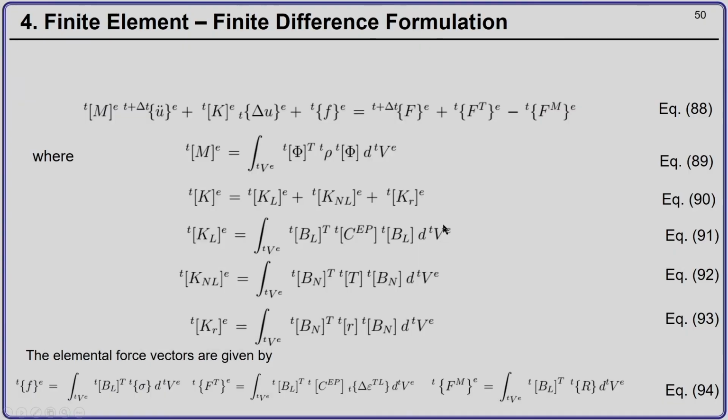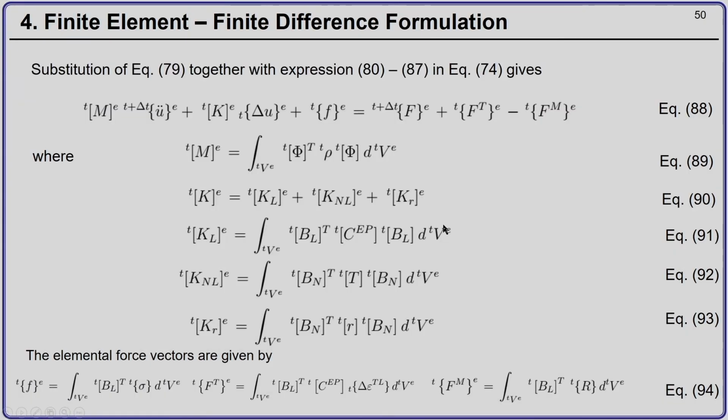Okay. So, now when you substitute equation number 79 together with expressions 80 to 87 in equation number 74, you will get the elemental form. For each element you will get Newton's second law, which is given here.